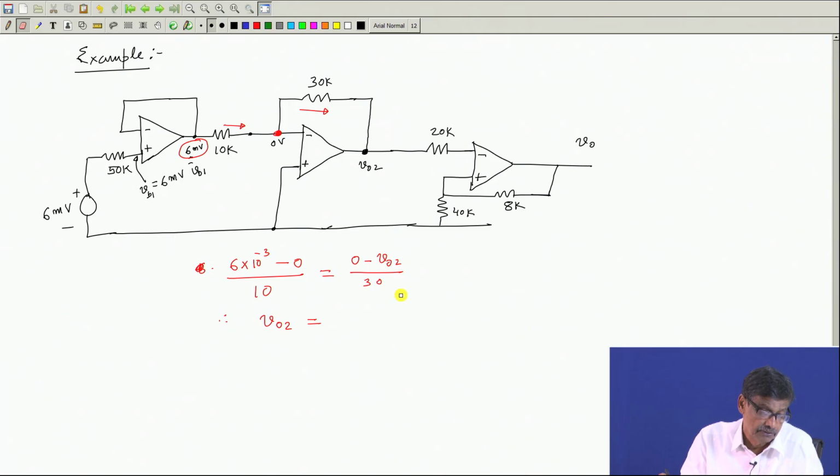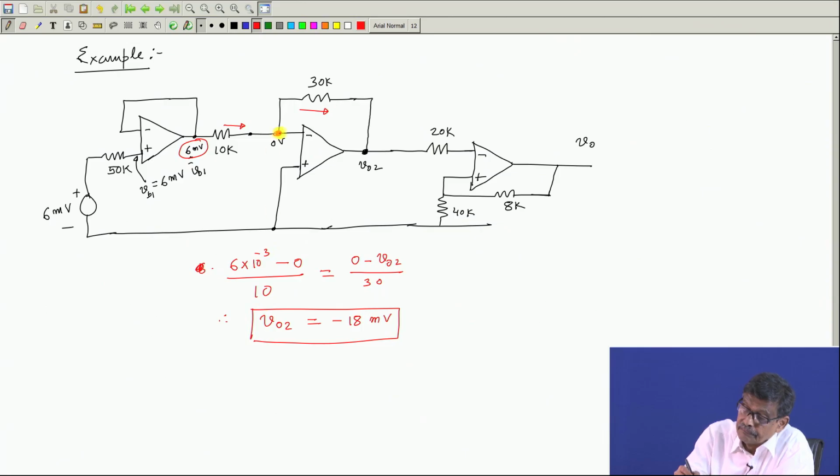So, if you calculate V02, it will be minus 3 into V01, that is minus 18 millivolt, if the voltages are in millivolt. So, V naught 2 is known.